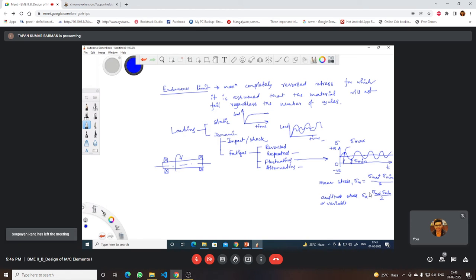What is reverse loading then? For reverse loading, the load is applied like this.